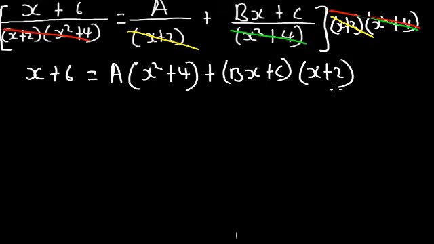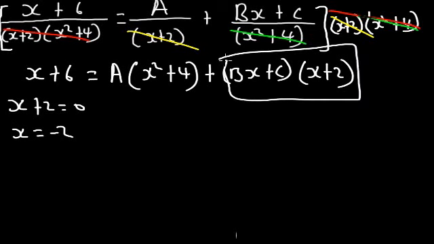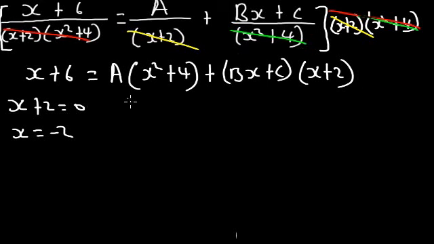To determine the value of a, this term over here has to be 0, and for it to be 0, just set whatever you have here to be 0 and solve for it. So x plus 2 is equal to 0, so x has to be negative 2. At x equals negative 2, this whole term will be 0. You can clearly show that, but I won't do that. What is left when it becomes 0 is just x plus 6 equals a multiplied by x squared plus 4.